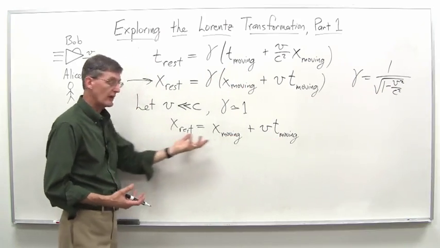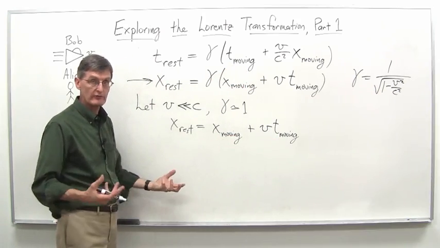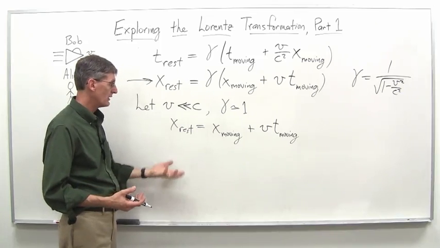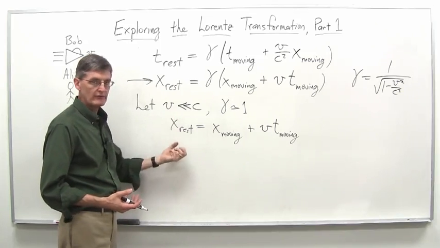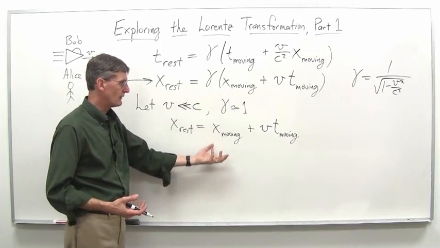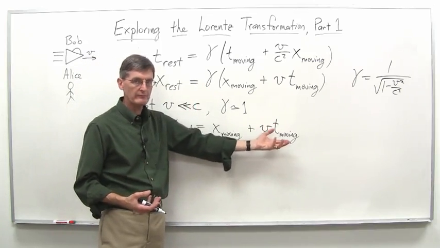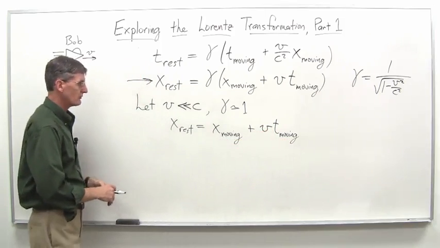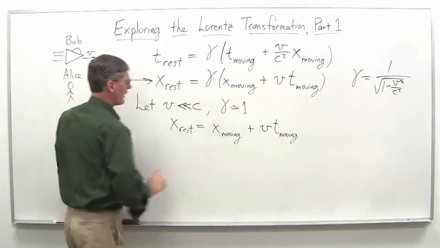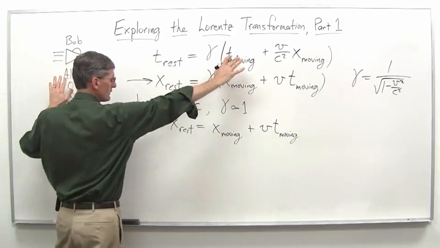And so that would make this a Galilean transformation, where t is the same for all observers, all frames of reference, and you just have your basic x in the rest frame equals the x value in the moving frame plus v times t. Essentially, this shows how far Bob has moved along.